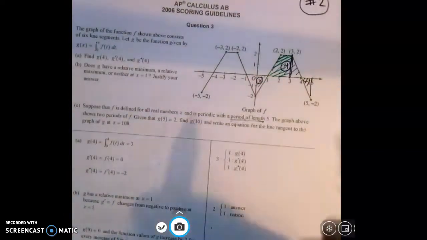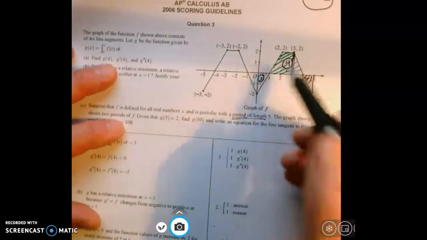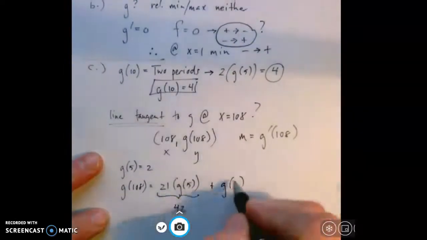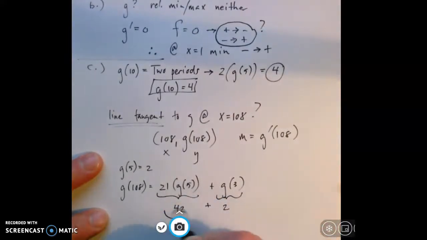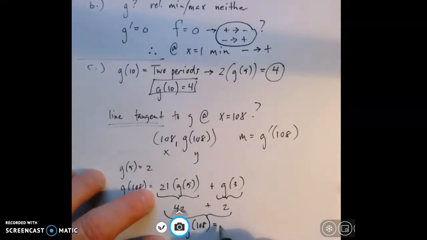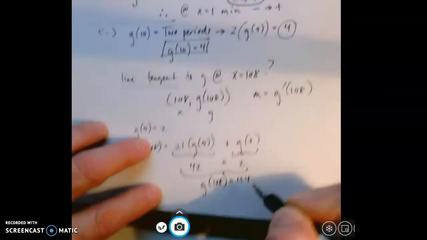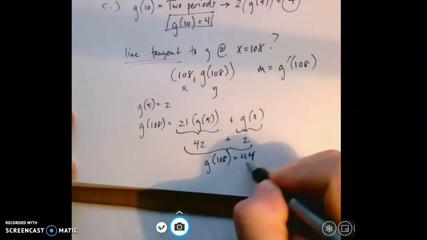So 3 plus negative 1 is going to be positive 2. So g of 3 is positive 2. So this is also just 2. Therefore, g of 108 equals 44. That's my y value.